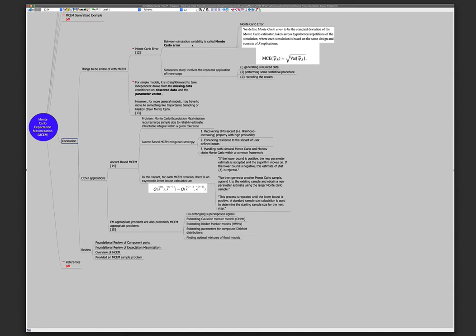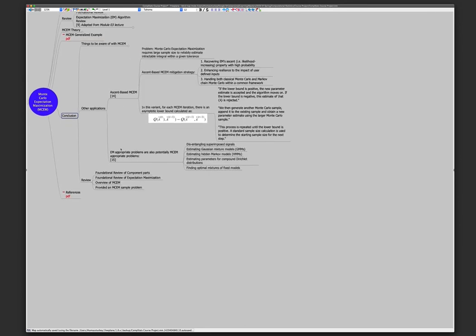And particularly here, I've got one called out with the between-simulation variability, called Monte Carlo error. Another one in that same vein: oftentimes for simple models, we can use Monte Carlo just fine, but for more complex models, we might have to use other things like importance sampling, which we went over earlier in the class.